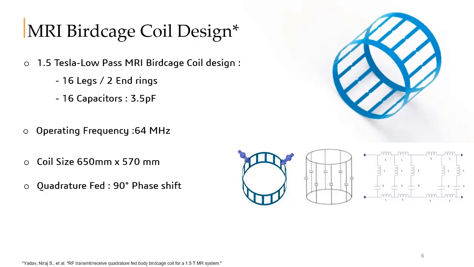Quadrature feeding is used to achieve a homogeneous magnetic field through two excited ports with 90-degree phase shift in excitation and also in position. The CAD part is done using SolidWorks.